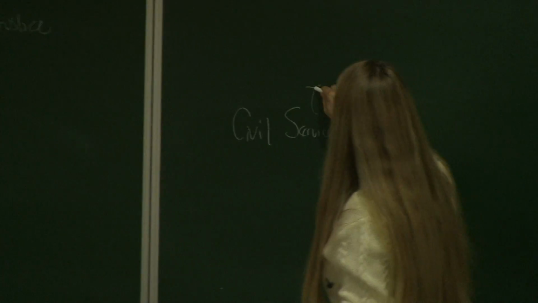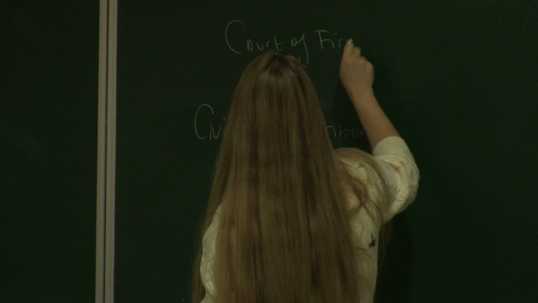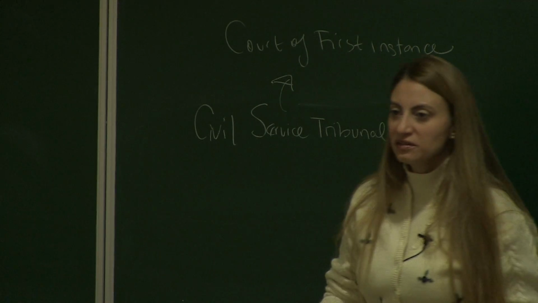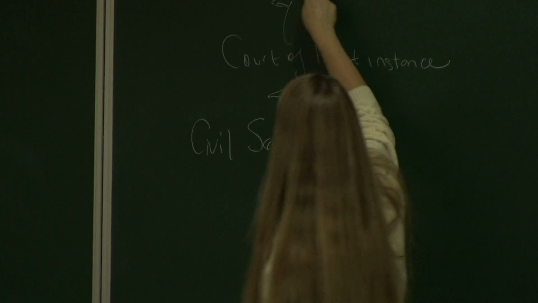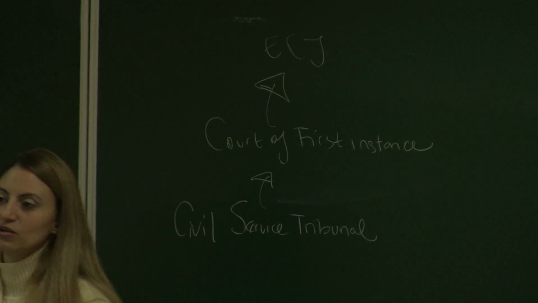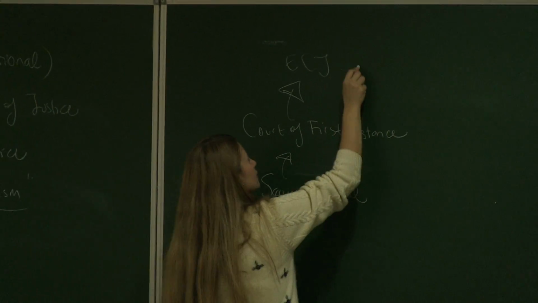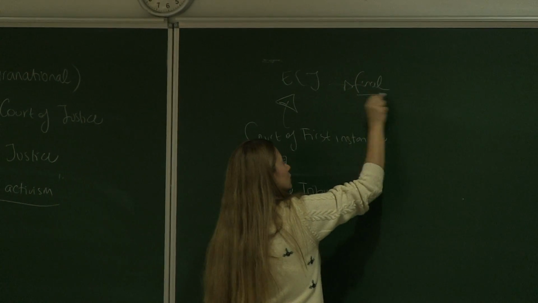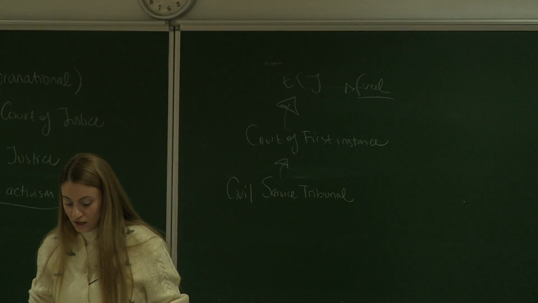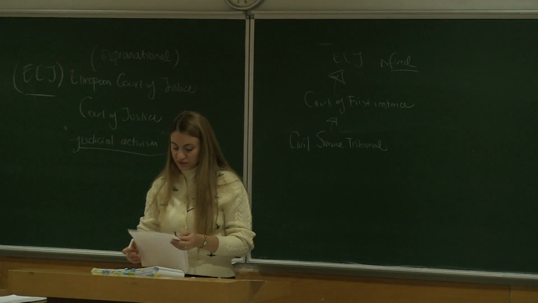You can appeal to the Court of First Instance, and if you're not satisfied by the decision, it's possible to use the European Court of Justice as a higher court for appeal. But the decisions of the Court of Justice are final. That's going to be the final authority after the case has been examined for appeal.